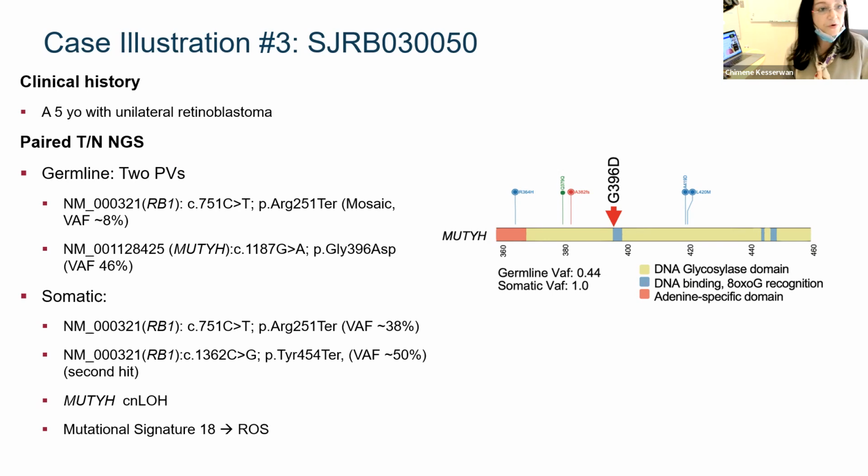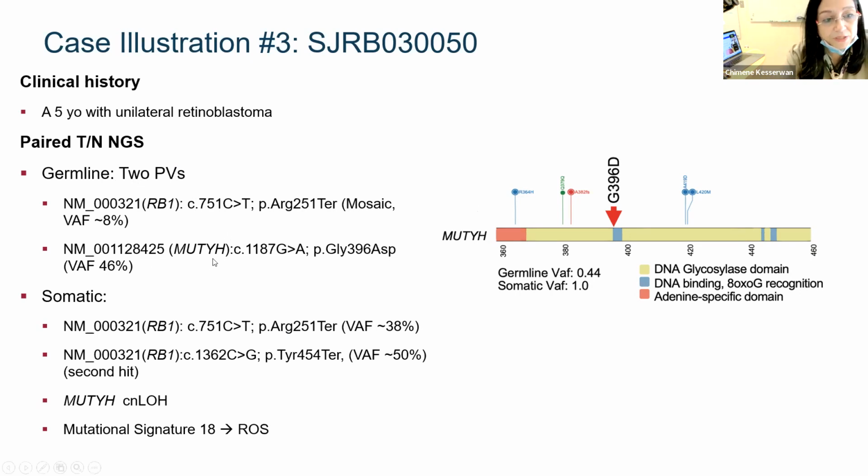So this is a 5-year-old with unilateral retinoblastoma. On the germline, we found two pathogenic variants. The first one is RB1. Notice it's mosaic at 8%, and that's probably why he developed unilateral retinoblastoma at an older age. We don't know.